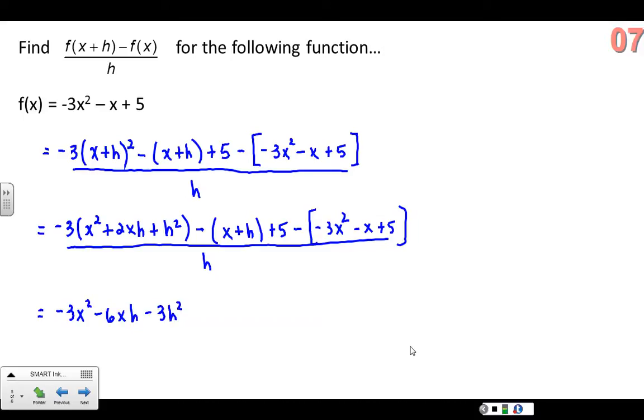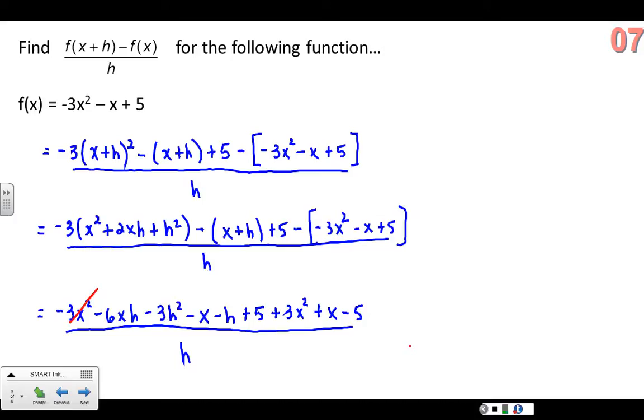Okay, you've got a minus sign in front of your x plus h, so I'm going to distribute that. Minus x minus h plus 5. Distribute your negative across the polynomial, so plus 3x squared plus x minus 5, and that's all divided by the h. So simplify the numerator terms. You've got the negative 3x squared going to drop out.